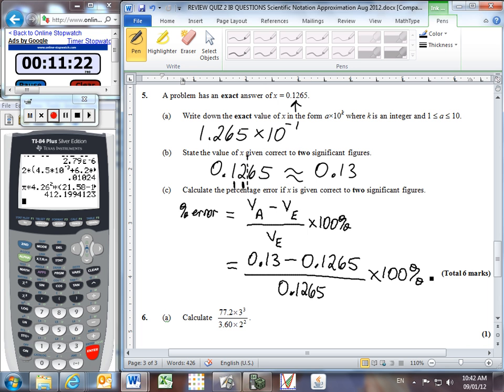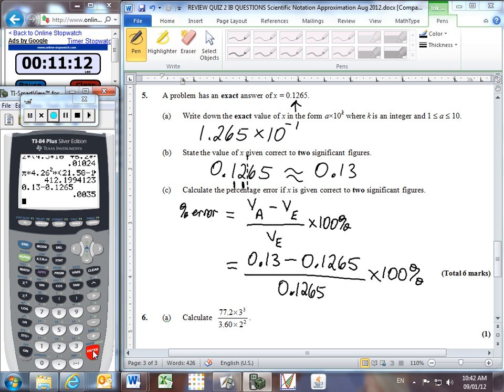So the calculator will help me out. 0.13 minus 0.1265. And we'll take this amount and divide it by 0.1265. You could have done all of this in one step if you wanted, but it would have been very important that you ensure in your calculator you've included parentheses around that subtraction, so we understand that it's that entire difference which is being divided by the denominator.